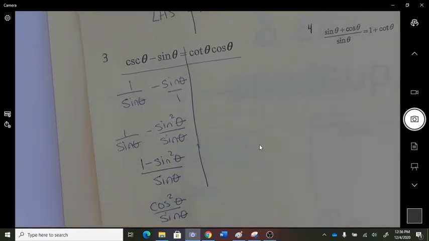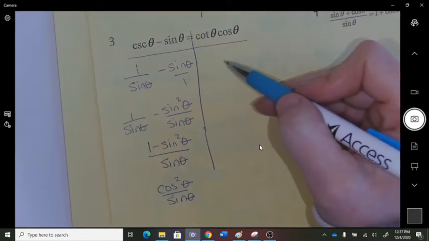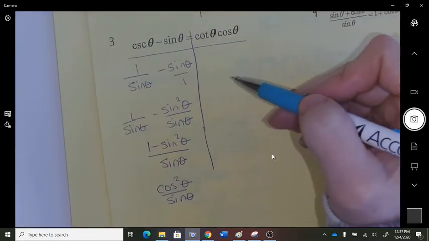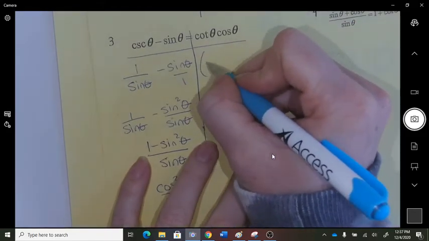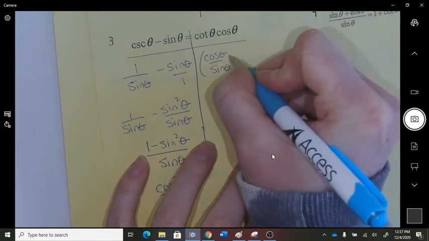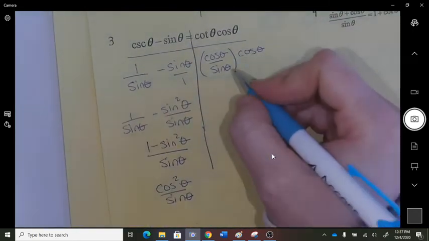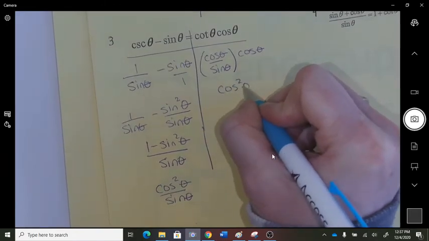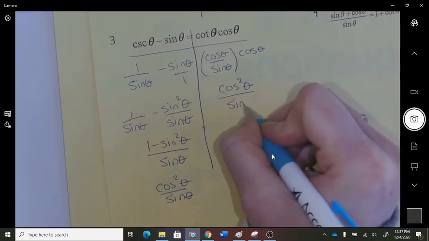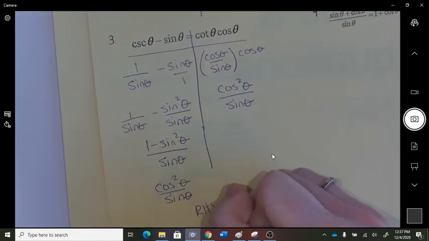Now I think I'm going to stop that side, and work from this side to see if I can substitute in and get the same. So cotangent I'm going to replace with cosine over sine. And then when I times, I get cos squared theta over sine theta. And now I have my right-hand side equal to my left.